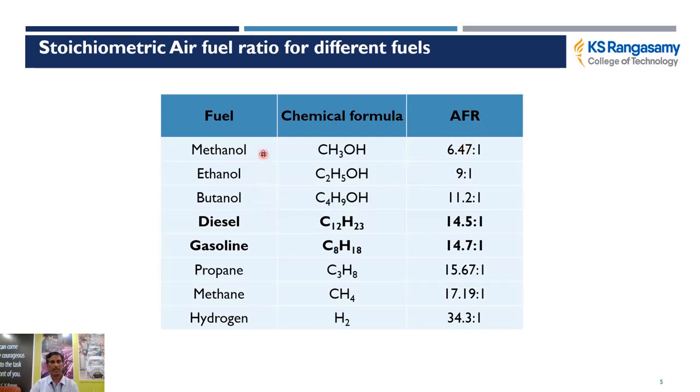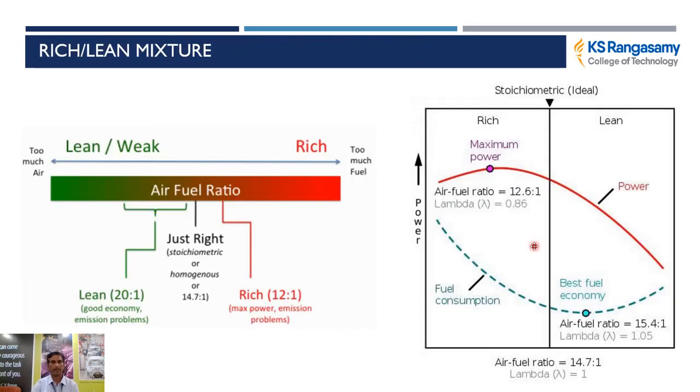We represent different fuels and their stoichiometric air-fuel ratios. For gasoline it is 14.7 to 1. For diesel it is 14.5 to 1, based on the chemical formulas.